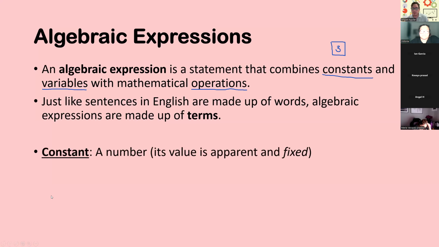A constant's a number, its value is apparent, which means you know what it is by looking at it, and it's fixed, which means it's not going to change. Because it would be really difficult to communicate with people if I looked at the number that we all understand to be a 3, but I said, oh, it's actually the value of 5. We're going to change its value.